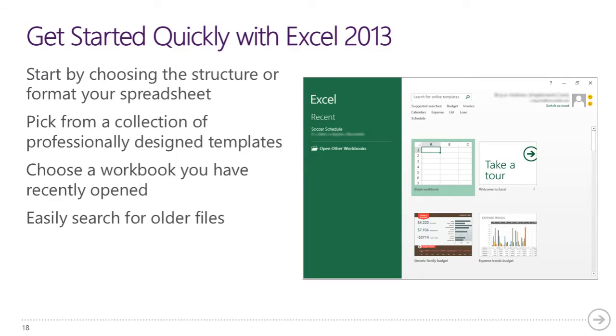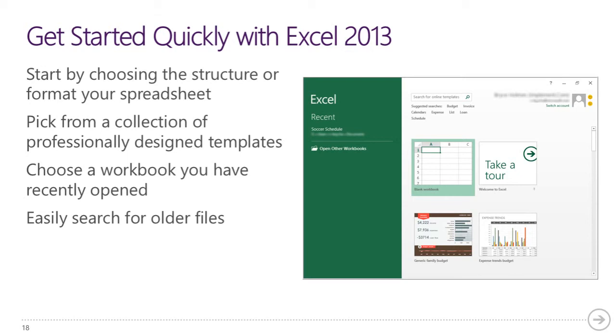So kind of starting out with Excel 2013, the idea of making it very easy to get started using Excel. And when I say get started, I mean being able to open it up and start using the type of spreadsheet that you want to use right away, be it one that you've already engaged with and you want to reopen, or selecting a new one.